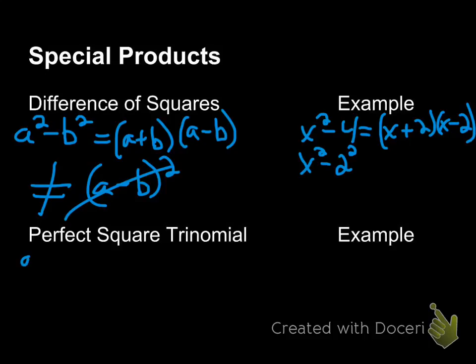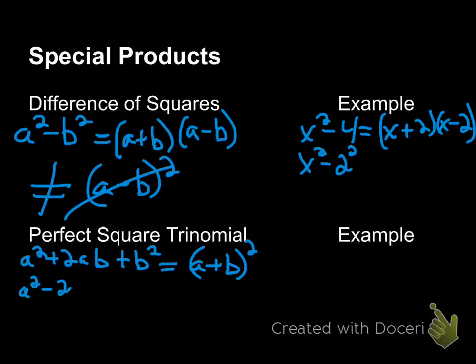A squared plus 2ab plus b squared, we would say that equals a plus b squared. And the other way around, a squared minus 2ab plus b squared is a minus b quantity squared.